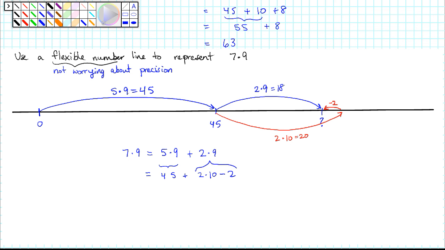So this is now 45 plus 20. So this now tells me an intermediate place. 45 plus 20 is 65. And then I back off 2 and I end up at 63.